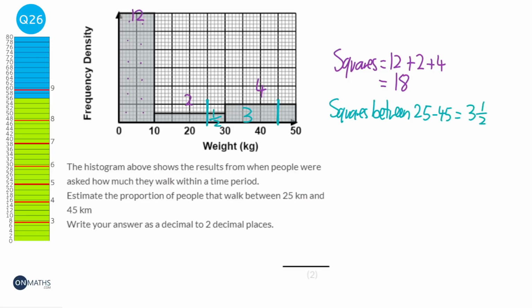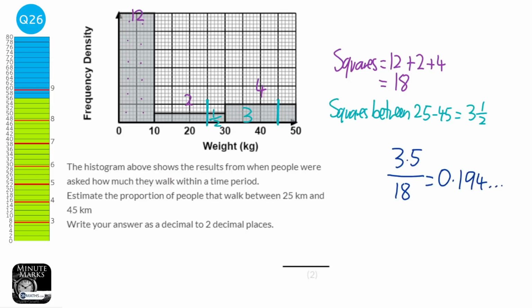So we've got 3.5 in total out of a possible 18. So we just need to do 3.5 divided by 18 to work out the proportion, and that gives us 0.194 and so on. It wants 2 decimal places, so that would be 0.19.